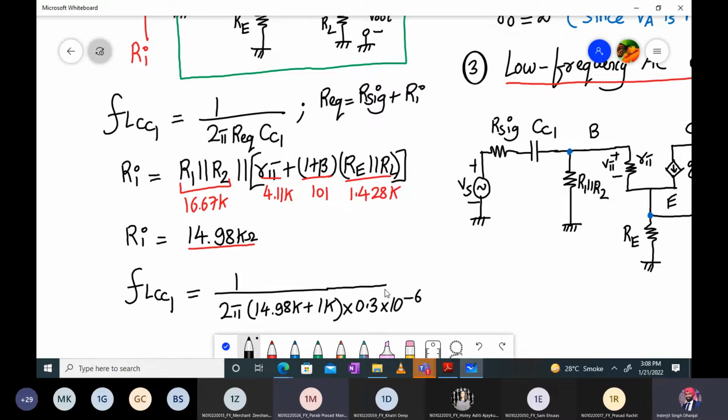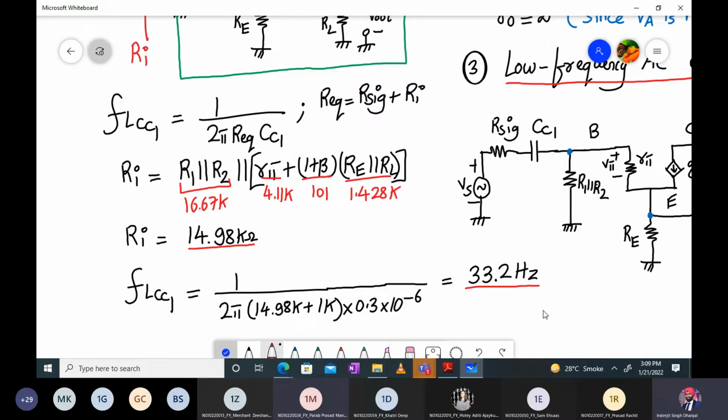So microfarad is 10 raised to minus 6. So FL of CC1 is coming out to be 33.2 hertz. So please check this answer.